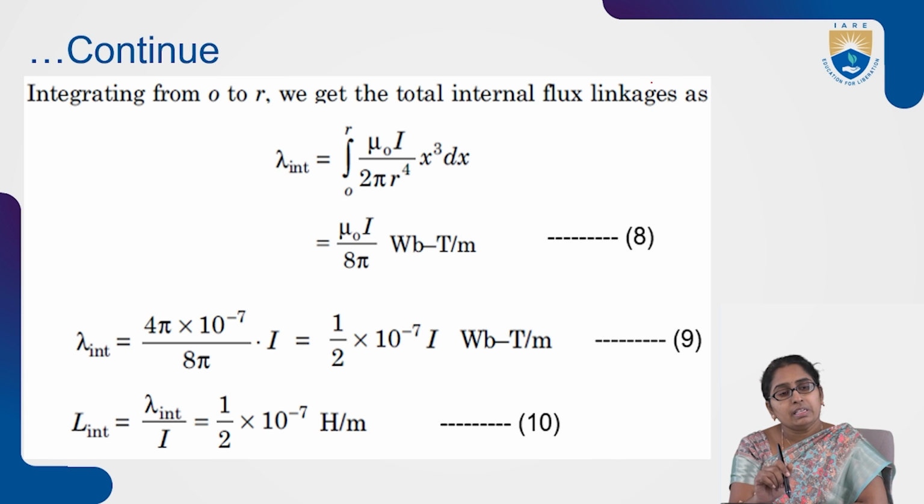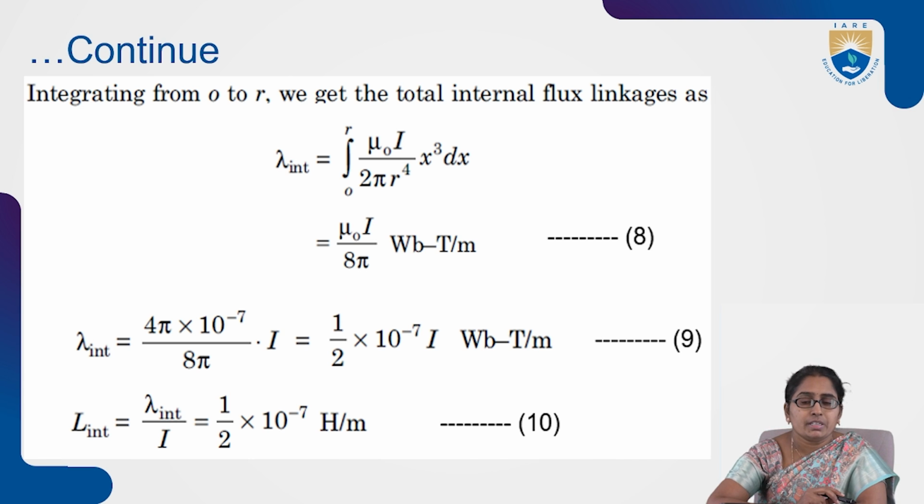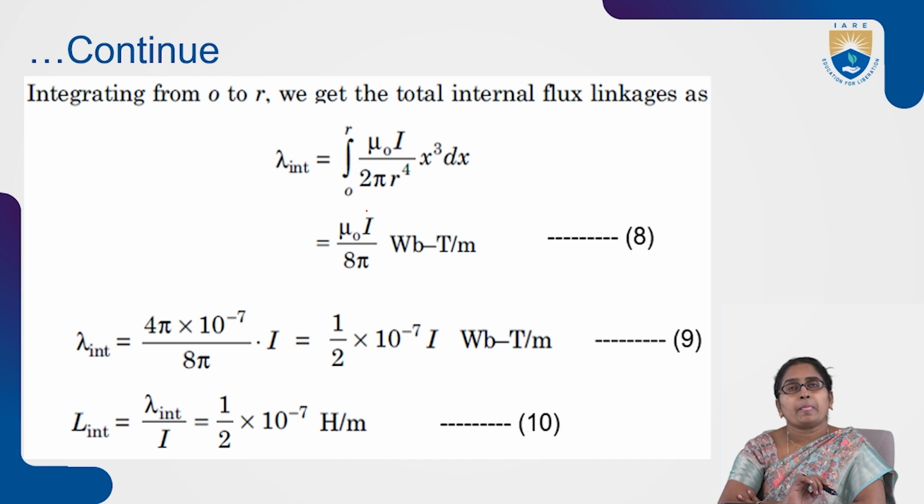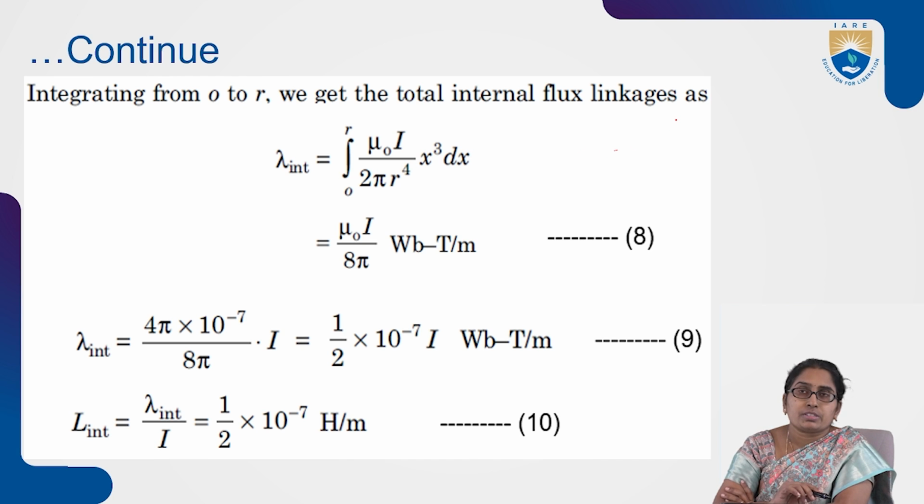Next, we want psi, so we integrate the expression with respect to the total radius of the conductor. The limits become 0 to r. So the total internal flux linkages, psi int, where int means internal, is mu naught I by 2 pi r to the power 4 times the integral of x cube dx with limits 0 to r.